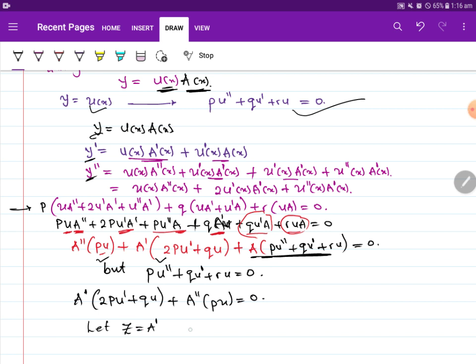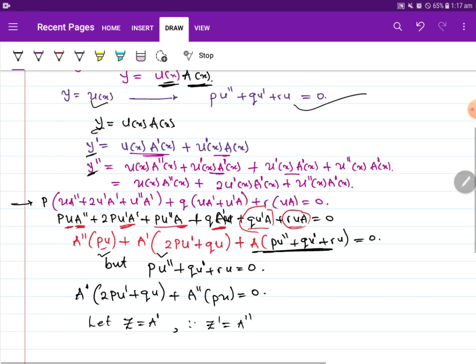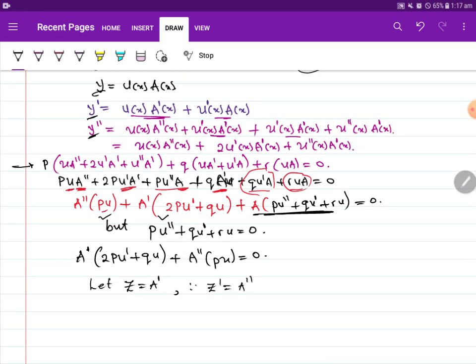And if z is equal to a prime, therefore z prime will be equal to a prime prime. So at this point, if you substitute, that will give us p u z prime plus into bracket 2 p u prime plus q u z is equal to 0.